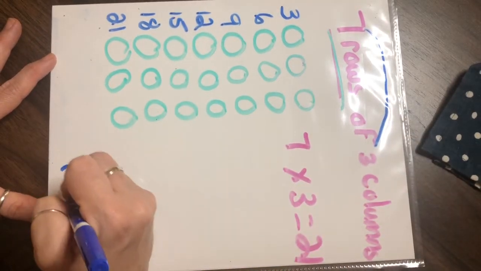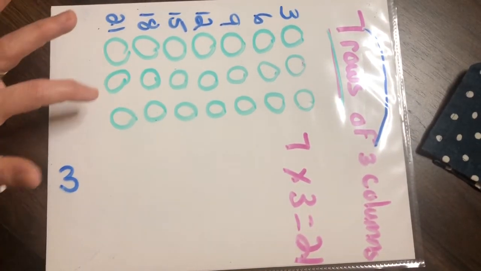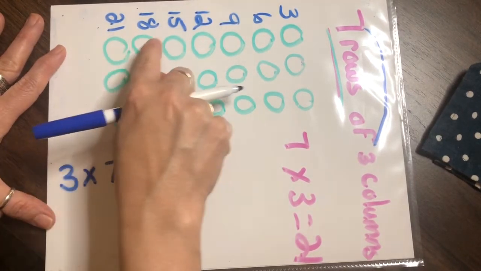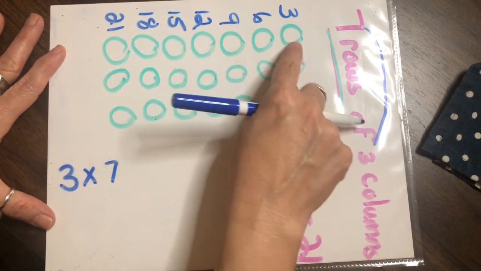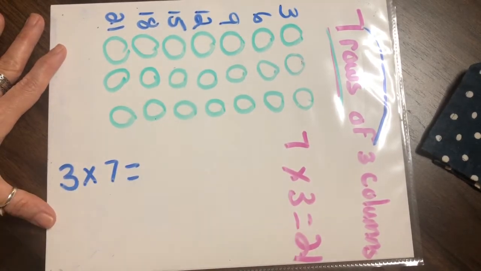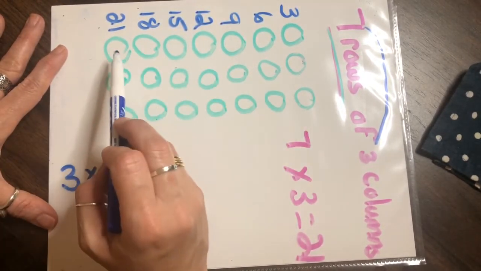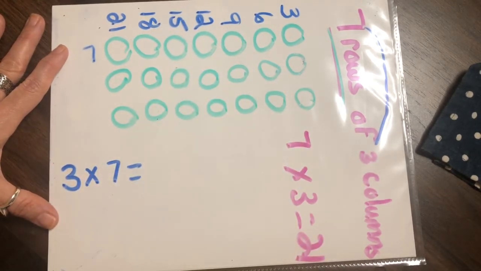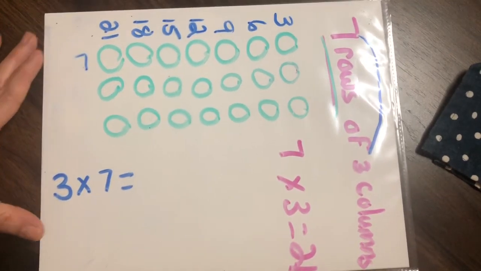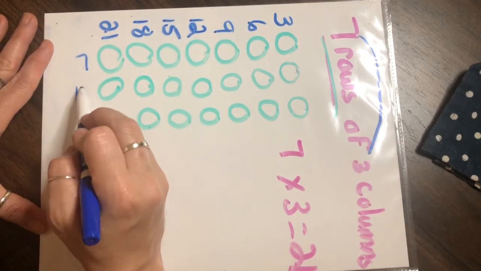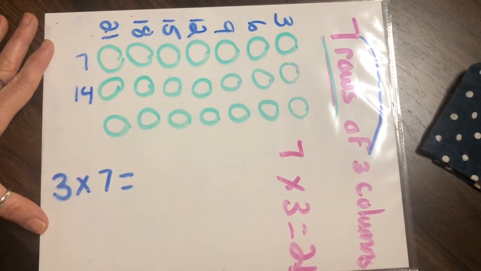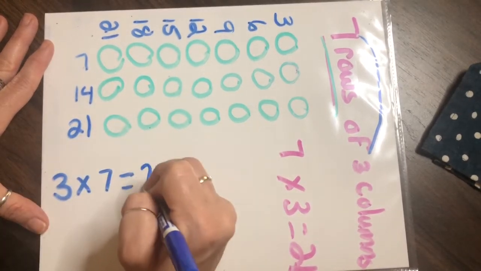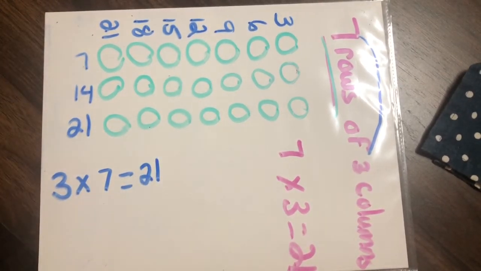This would be 3 rows of 7 columns, and it still equals 21. Let's double check. So what is 7 plus 7? A doubles fact, shout it out. And 7 more, shout it out. Yes, 21, nothing changed.